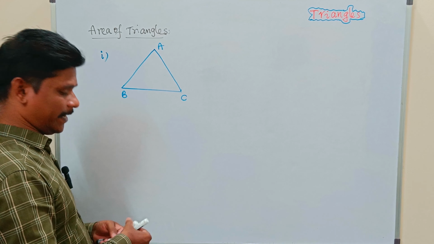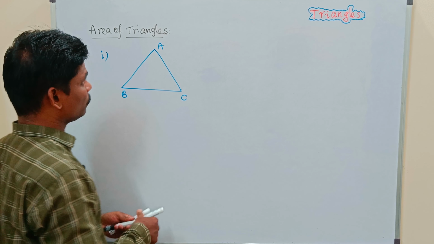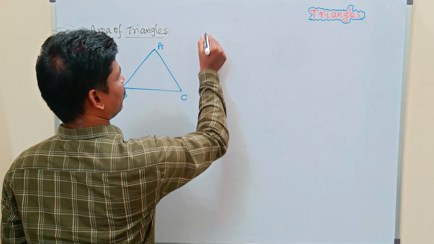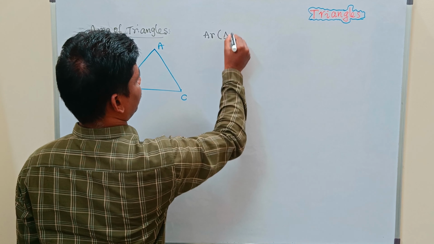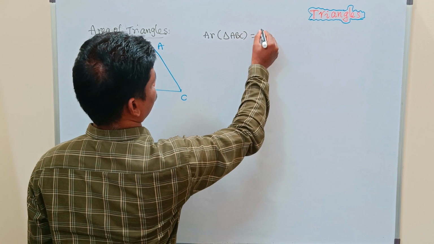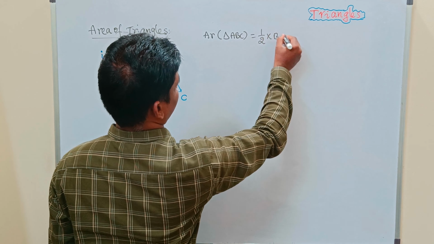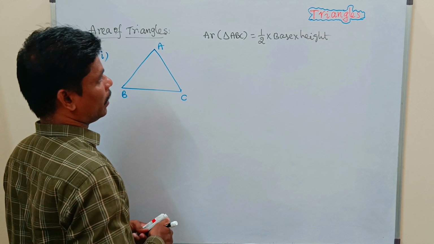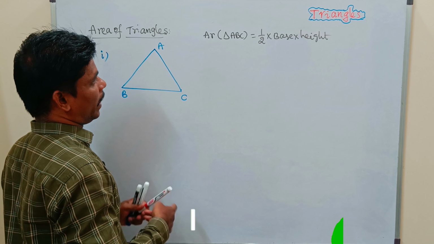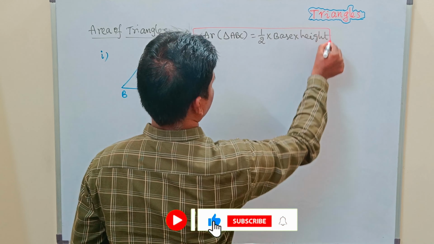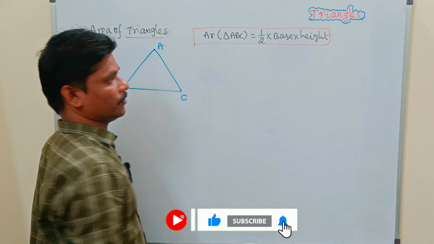So we know that area of triangle ABC is equal to half into base into height. This is a formula you know. So what does height mean here? Perpendicular height.